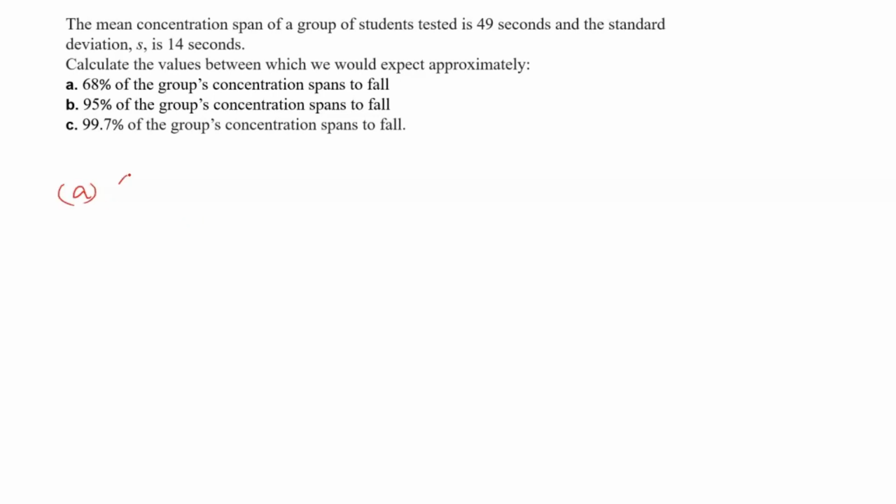We said that it's 1 standard deviation, so it's x bar plus or minus 1 standard deviation. The mean is 49, which gives me values of 35 and 63.